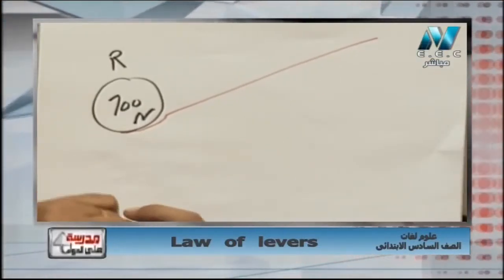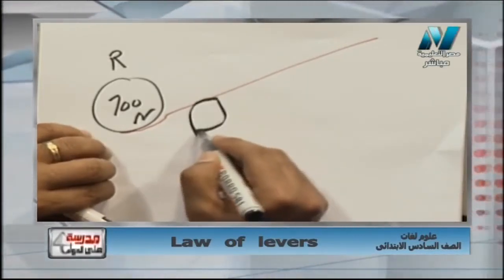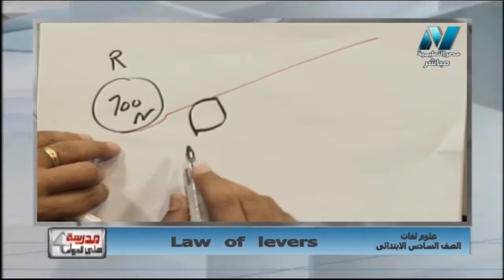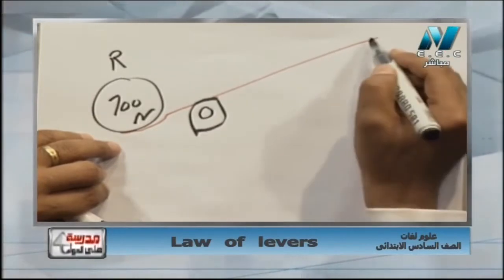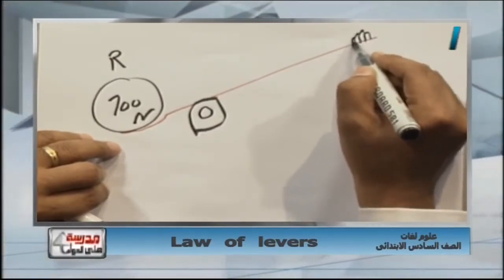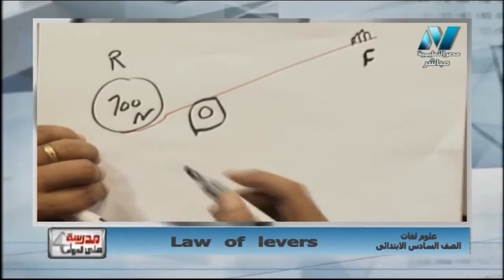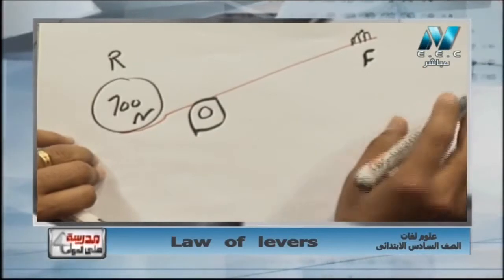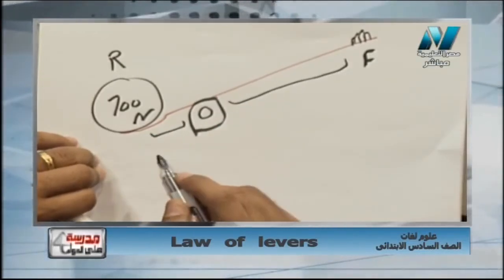I have two cases now. The first case is to put this rock behind the crowbar in this place. So it's the fulcrum, and this is the hand, and this is the effort force. Now, as you see, my dear student, the force arm is longer than the resistance arm.